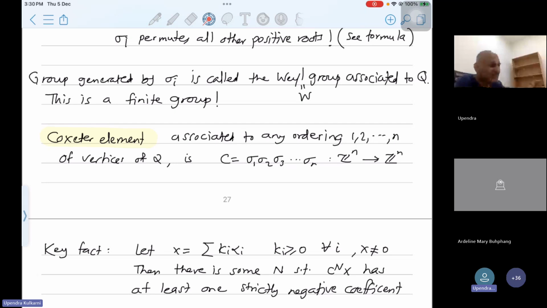This fact is going to unlock the entire proof of whatever we said, as we will see tomorrow, based on the fact that the effect of applying a reflection functor to an indecomposable representation other than S_i. Sorry, let me go back. If I take an indecomposable representation other than S_i and apply a reflection functor at vertex i to it, what happens to the dimension vector?